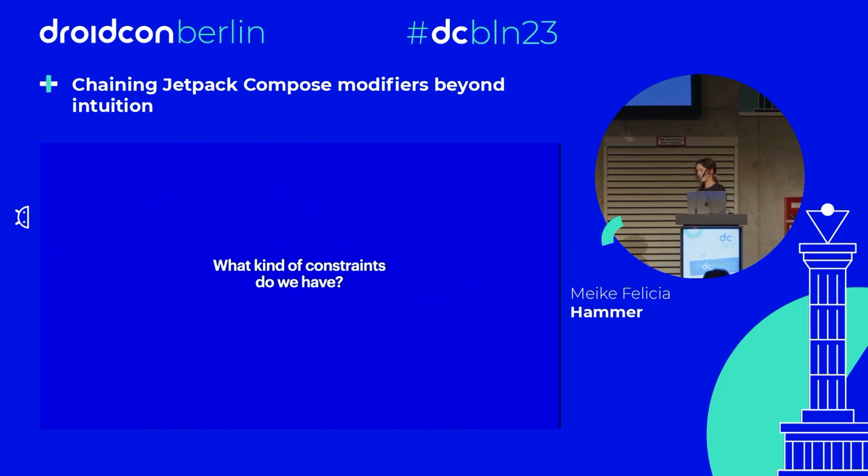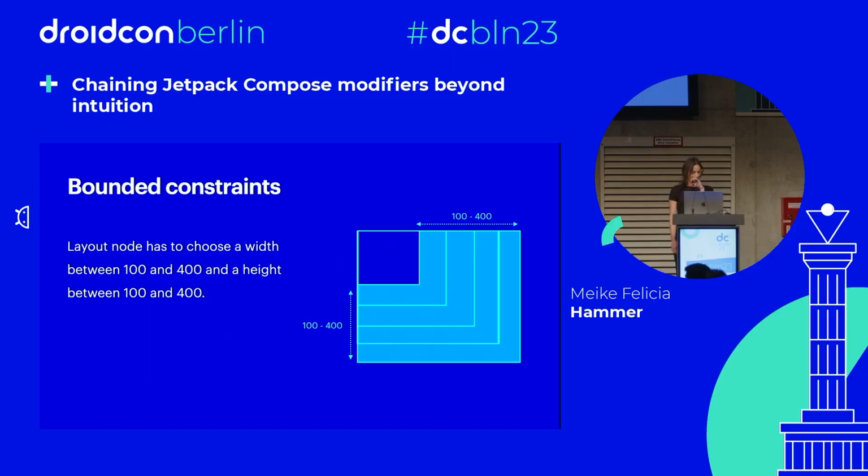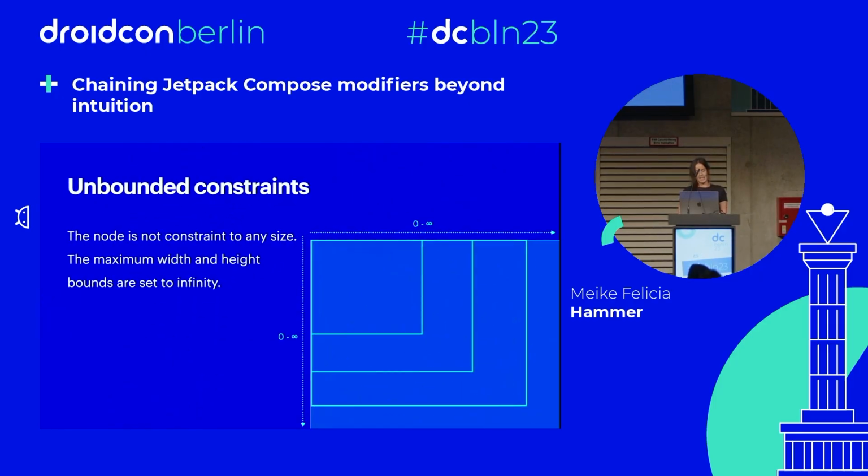Of course, there are several types of constraints, so we just go over a short theory part here. There are bounded constraints, with a min and max value. In that case, our layout node could have a width between 100 and 400, and also a height between 100 and 400. We also have unbounded constraints, where we can just go from 0 to infinity, in all directions, height and width.